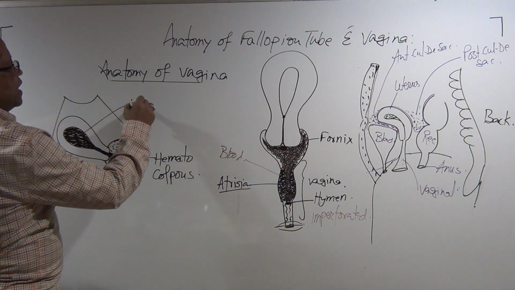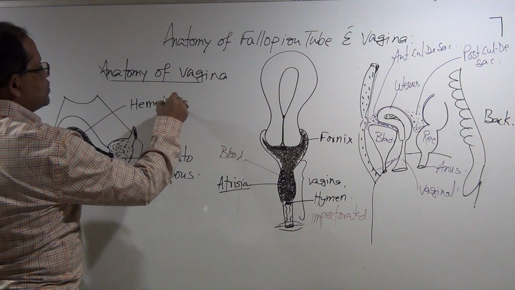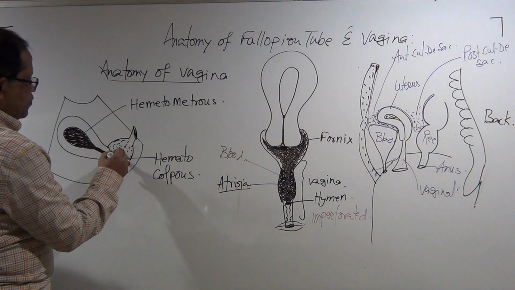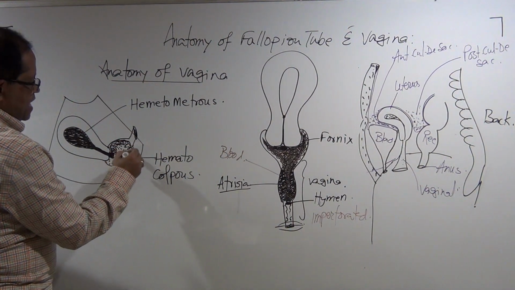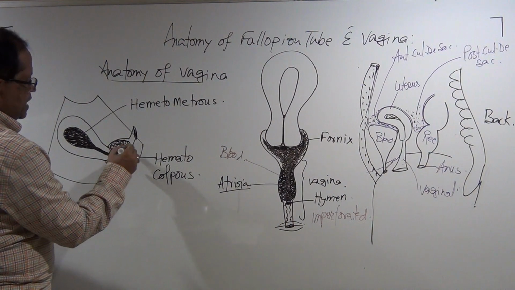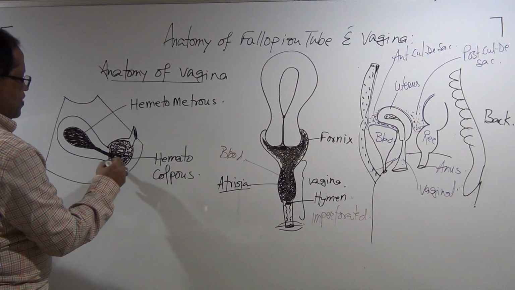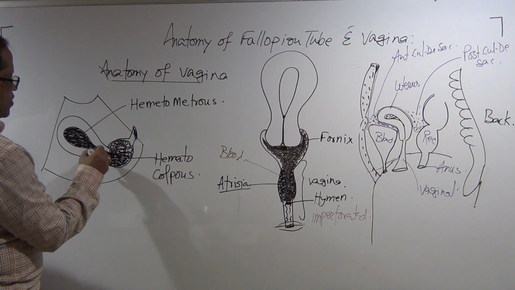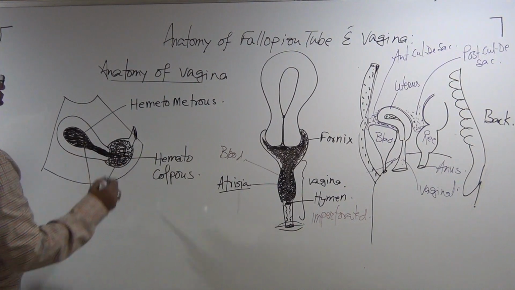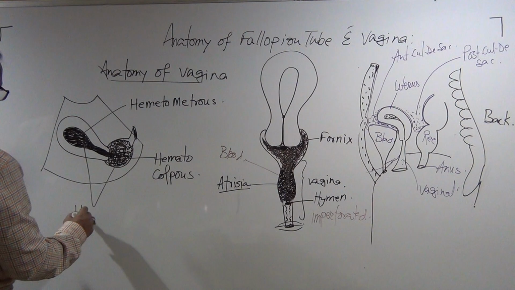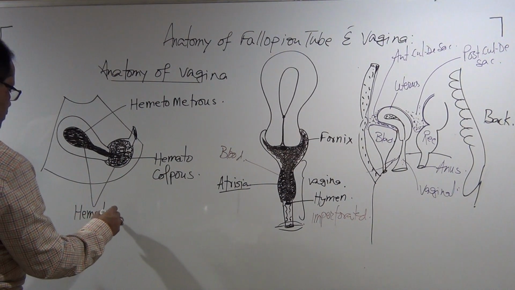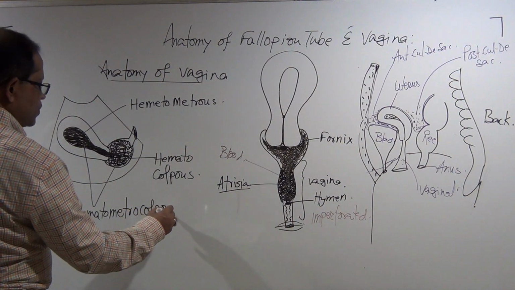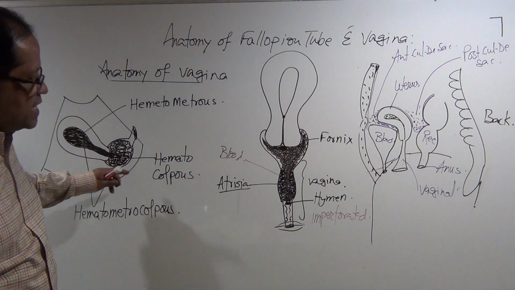We call it hematometros. And when there's blood all over the vagina and in the uterus, in the cervix, blood is there. In this situation we call it hematometrocolpos. Hematometrocolpos.